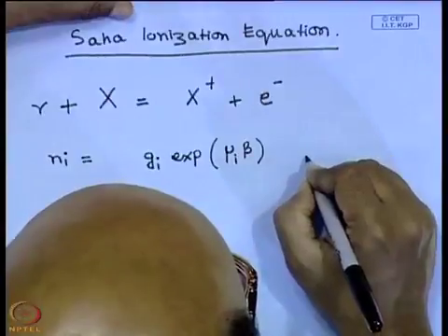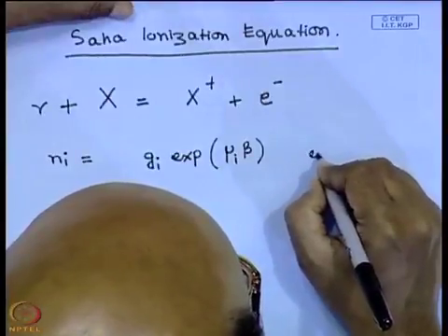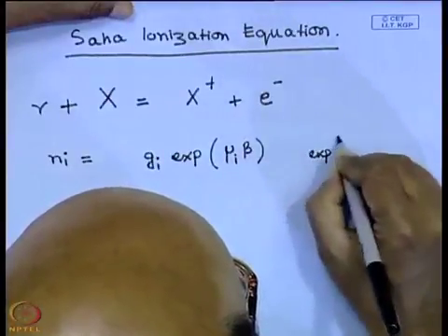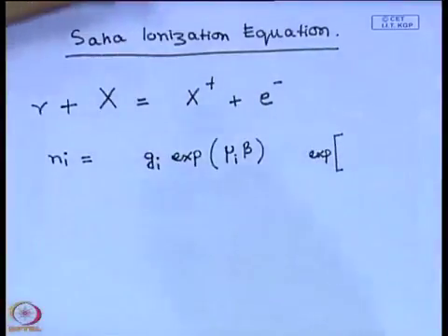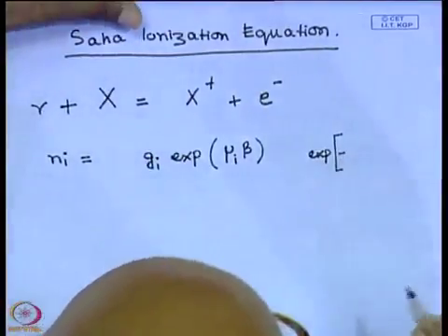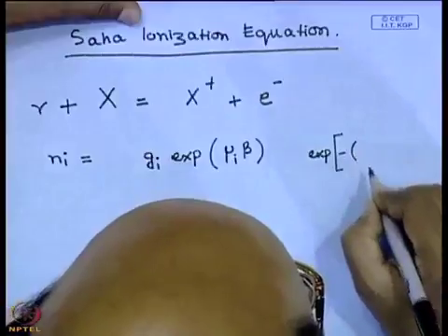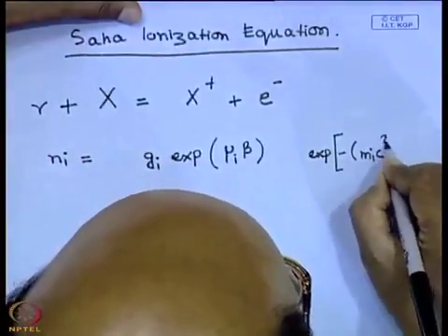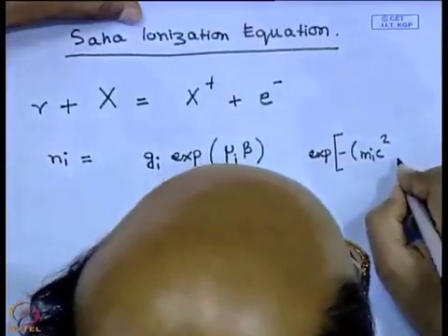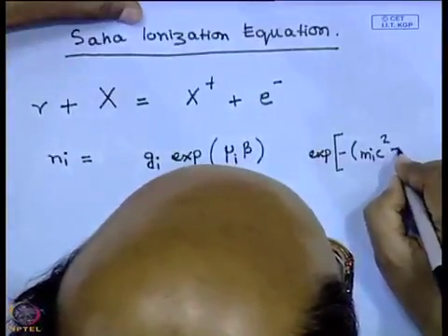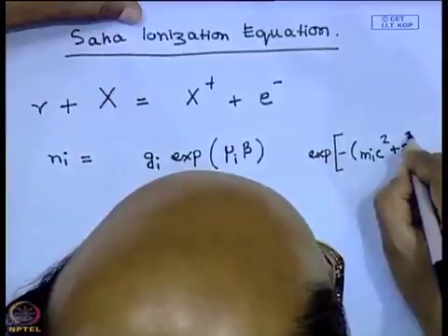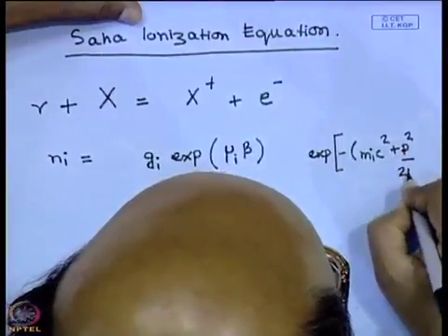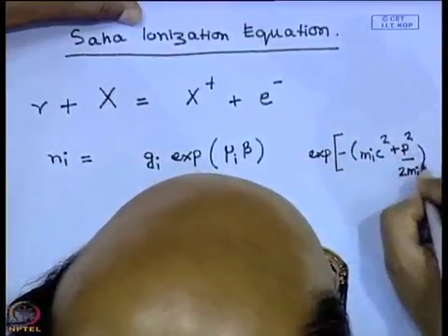exponential minus m_i c squared plus p squared by 2 m_i into beta.